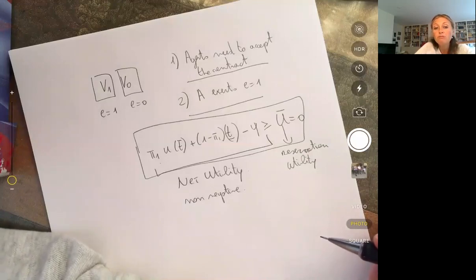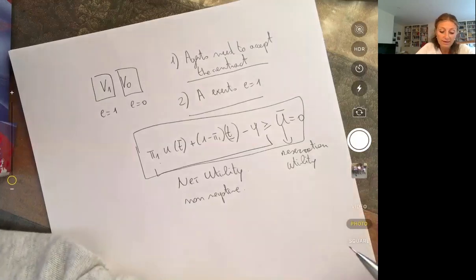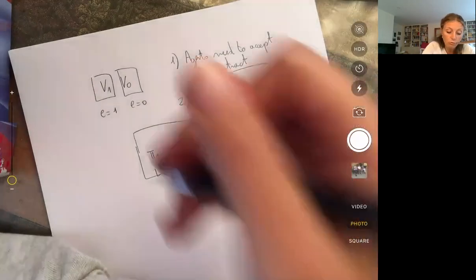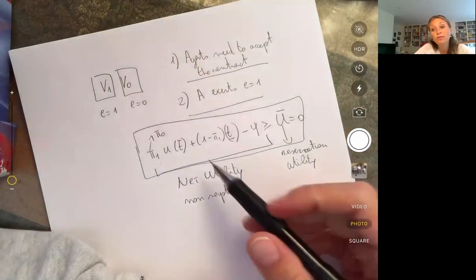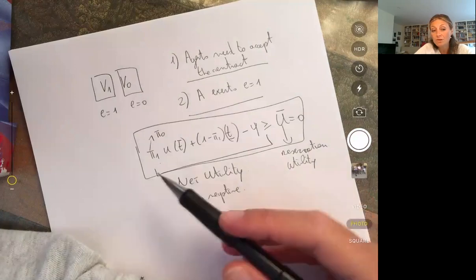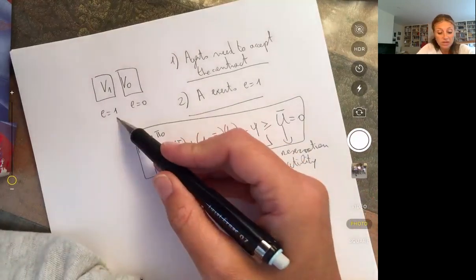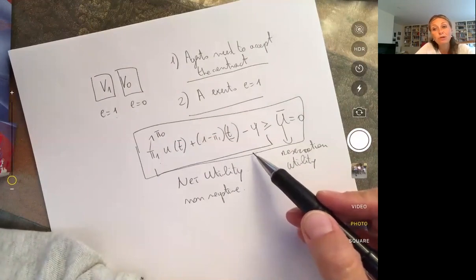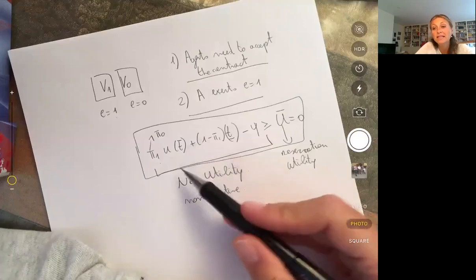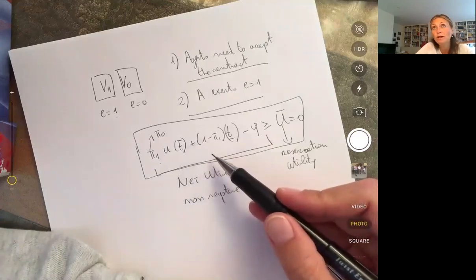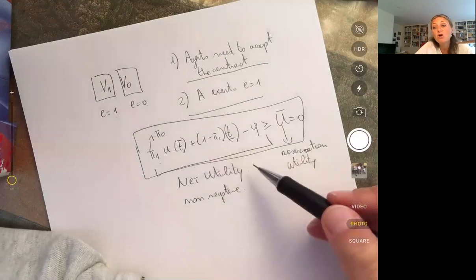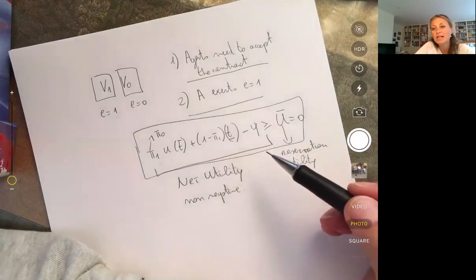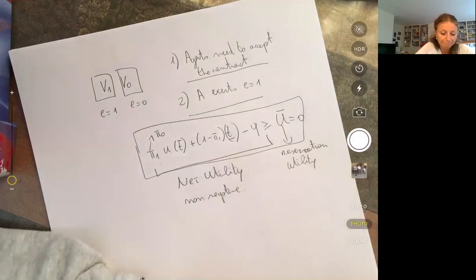Now, the reason why we calculate the utility of the agent weighting by pi 1 and not pi naught is that we know that the principal would like him to exert the high level of effort. So this would be the highest possible cost in terms of effort that he might need to exert. So we calculate the worthiness of this contract based on the highest possible effort that he's going to exert.